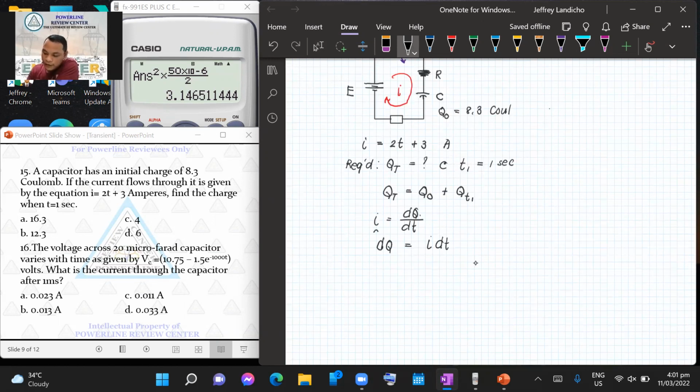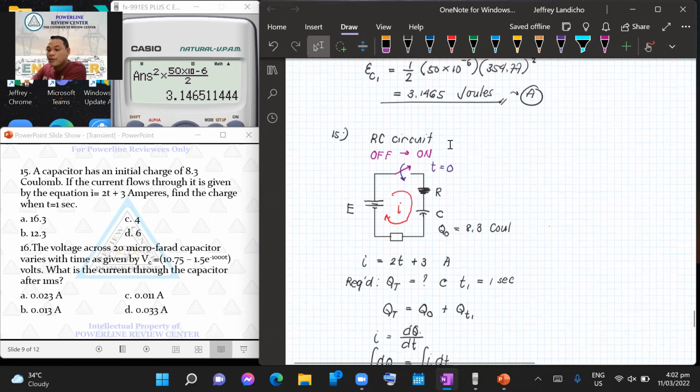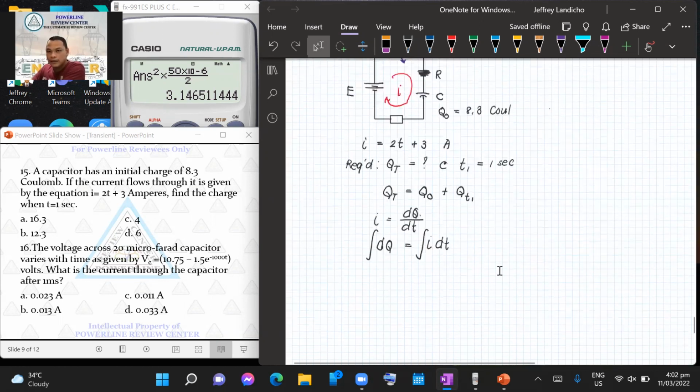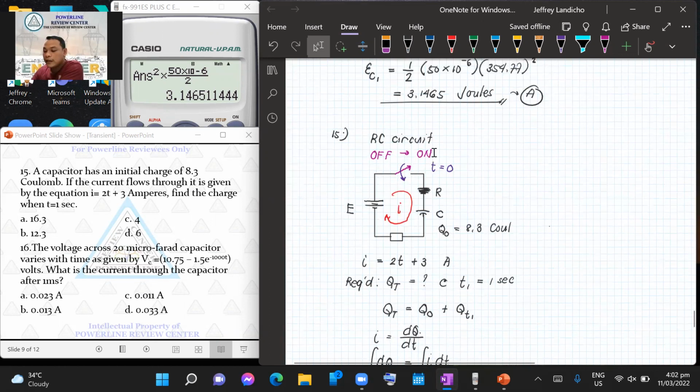So therefore, pag in-integrate natin yan, kapatid, okay? So sino lang itong Q na hinahanap natin? That is the additional charge gained by the capacitor from time equal to 0 up to 1 seconds. So, ibig sabihin, at time equal to 0, i-connect pa lang natin yung ating circuit sa source, so hindi pa nadadagdagan itong charge niya.